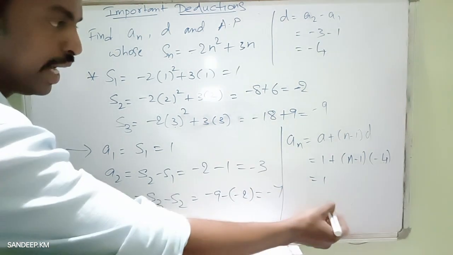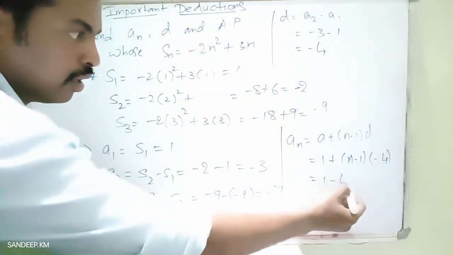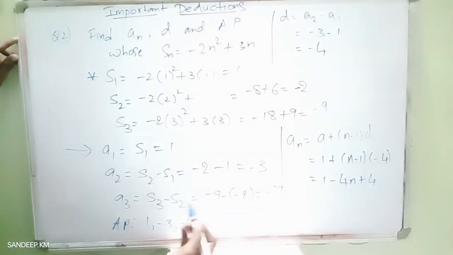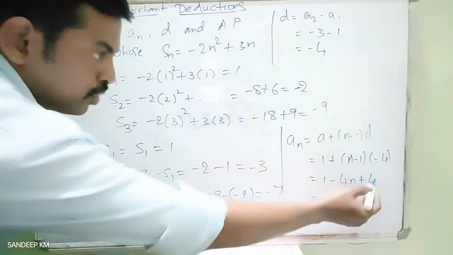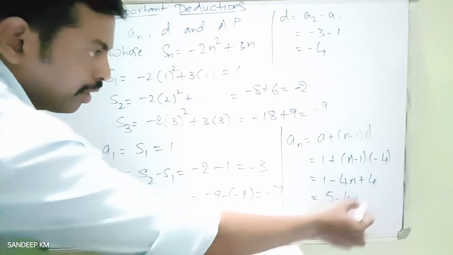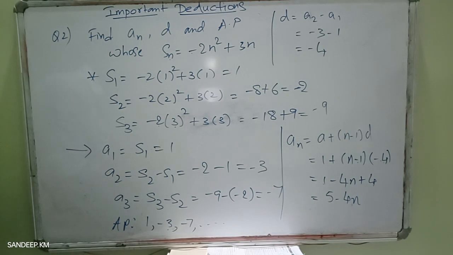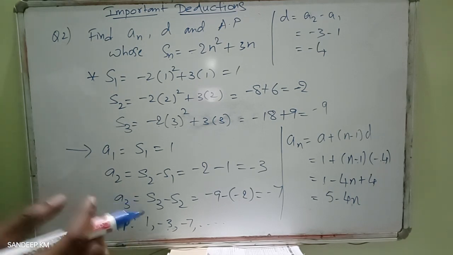So now if I expand this, 1 as it is, minus 4 into n is minus 4n, minus 4 into minus 1 is plus 4. And finally, what do we get? 1 plus 4 is 5. 5 minus 4n. That is the nth term. The nth term is given by 5 minus 4n. So dear students, as I told you before, in the previous deduction, I gave you a direct formula to find the common difference.